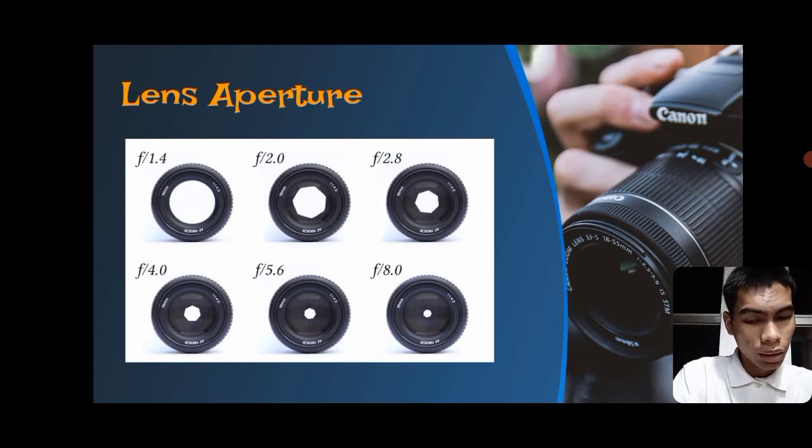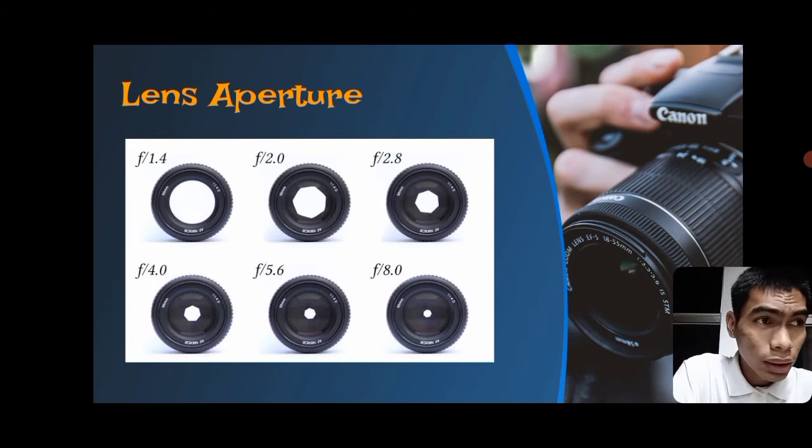It is the light gathering power of the lens, otherwise known as lens opening or relative aperture, and it is expressed in F number. Example in the PowerPoint, F over 1.4, F over 2.0, and etc.